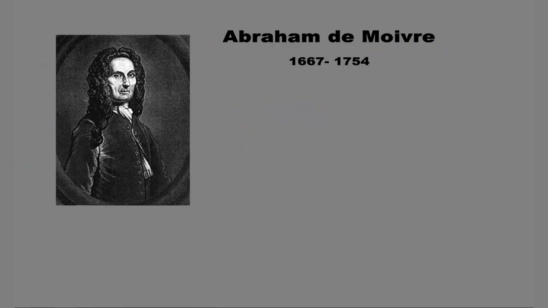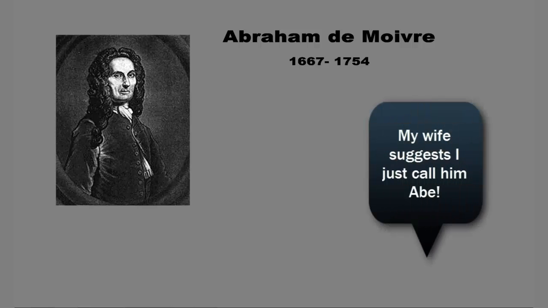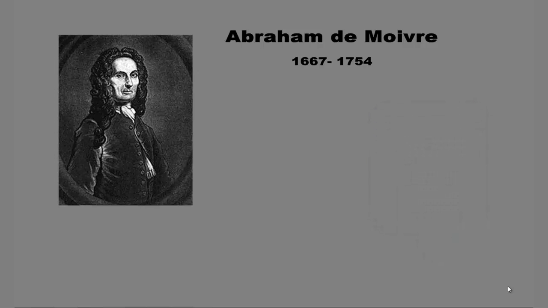So let's take a moment, break away from what we just did on that warm-up, and talk about this guy, Abraham de Moivre. Alright, we'll just call him de Moivre. So why do we care about de Moivre?